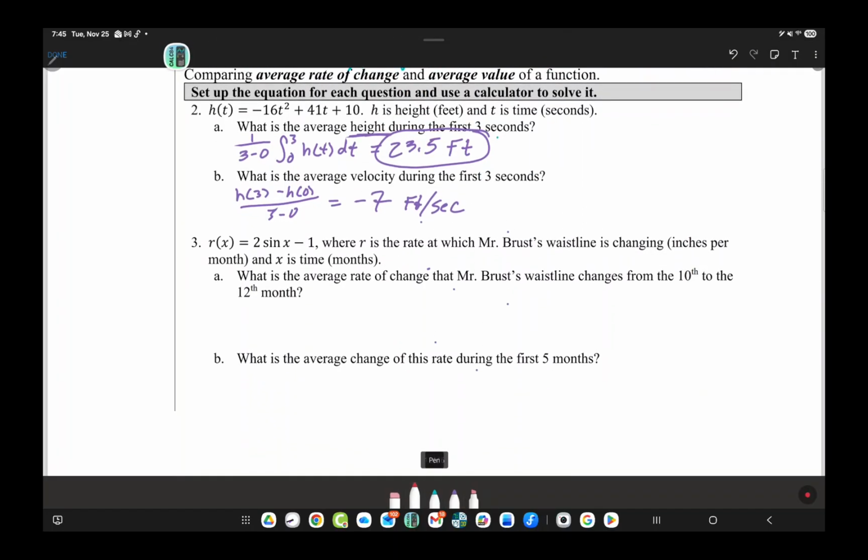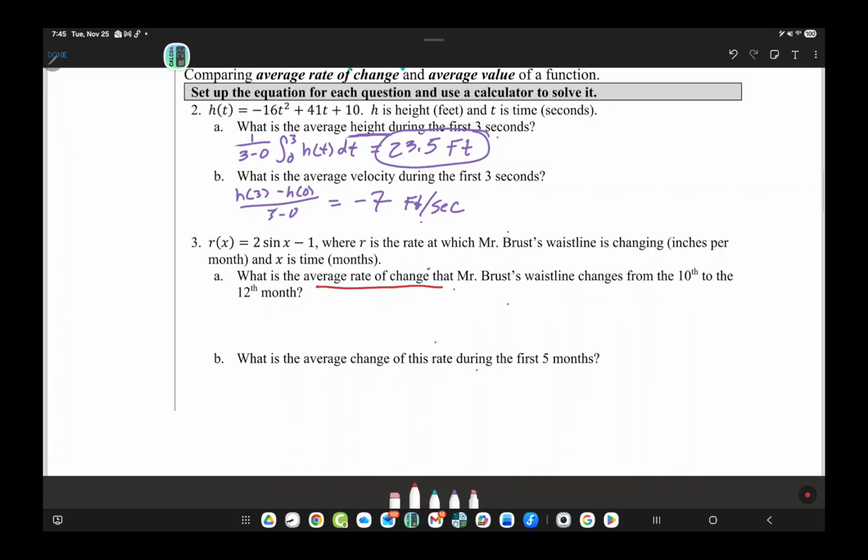So next question here, we have r of x equals 2 sine x minus 1, where r is the rate in which Mr. Brust's waistline is changing, inches per month, and x is time in months. What is the average rate of change in Mr. Brust's waistline changes from 10 to 12? Now again, this says average rate of change, right? So you would think this is slope. If you read the question, what is the function?